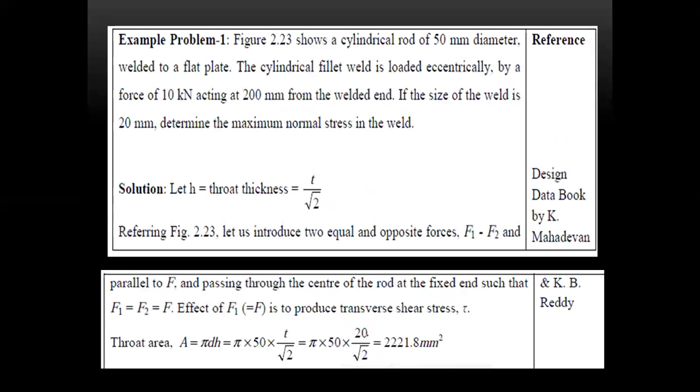Now, if you see the example problems, the figure shows a cylindrical rod of 50 mm diameter welded to a flat plate. So this is a flat plate.